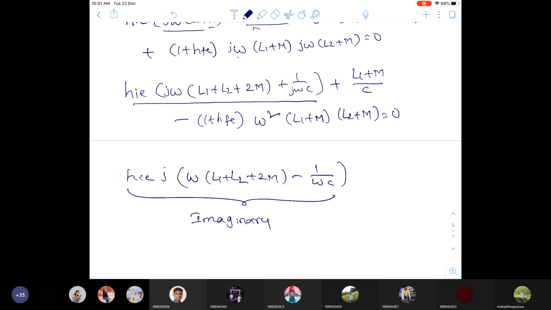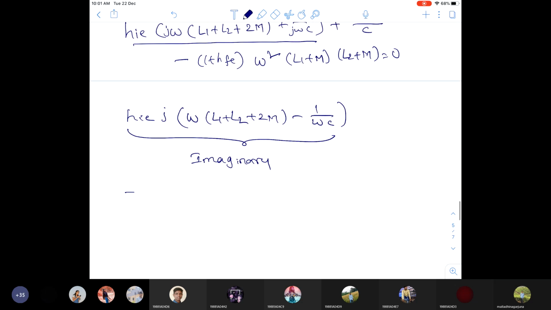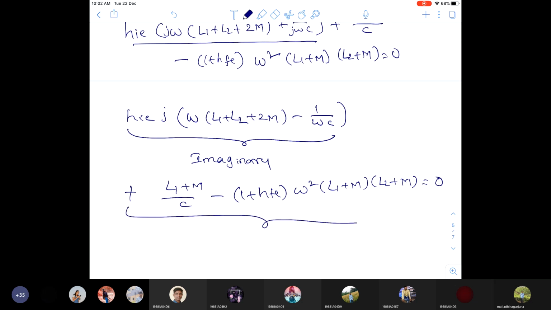The real part is L1 plus M by C minus 1 plus hfe into omega square L1 plus M into L2 plus M equal to 0.